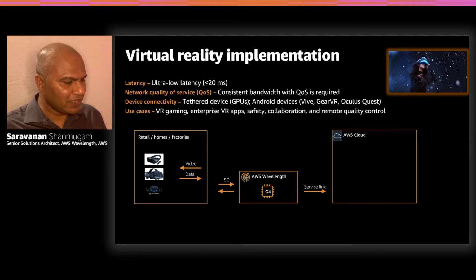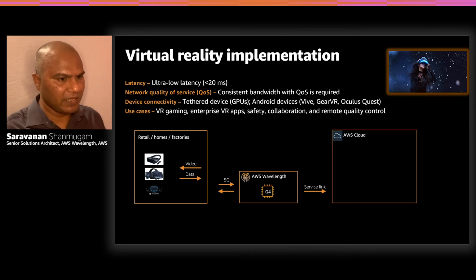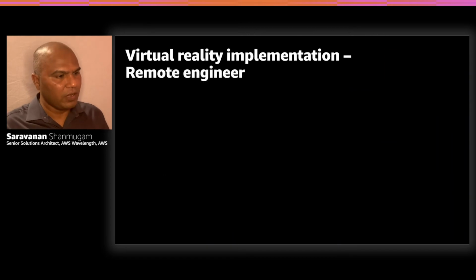But with 5G and the promise of reducing the latency into single digits as we move into optimized 5G implementation with standalone and millimeter waves and all kinds of technologies, it's now a possibility that we can certainly think of eliminating the need for on-site compute and leveraging G4 instances, which run in a wavelength zone, along with 5G.